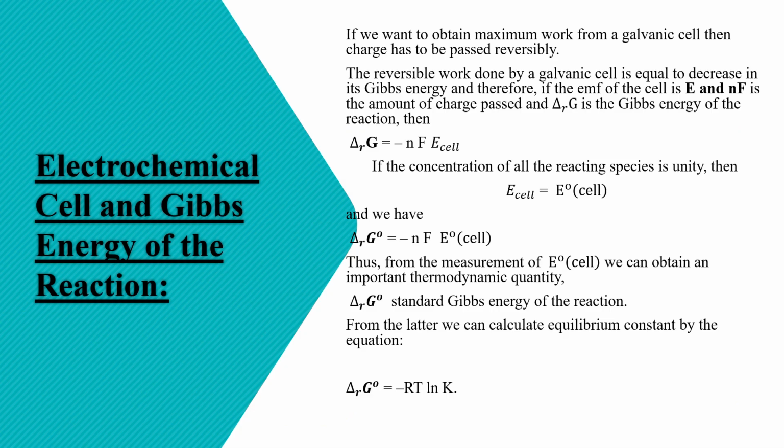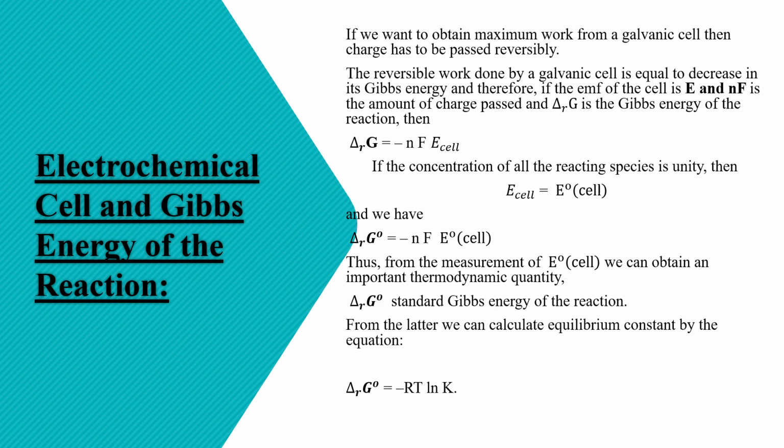Now, the Gibbs energy of the reaction of an electrochemical cell can also be calculated by using the Nernst equation. If we want to obtain maximum work from a galvanic cell, then the charge has to be passed in the reverse direction. The reversible work done by a galvanic cell is equal to the decrease in its Gibbs energy.